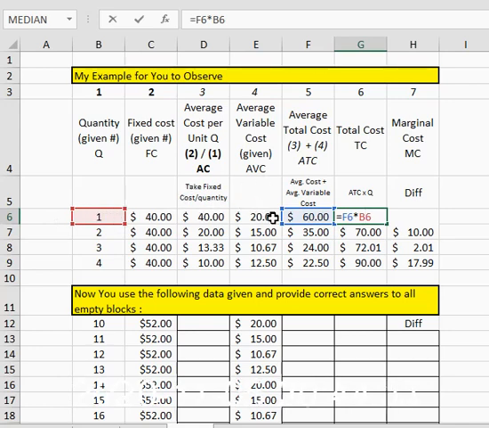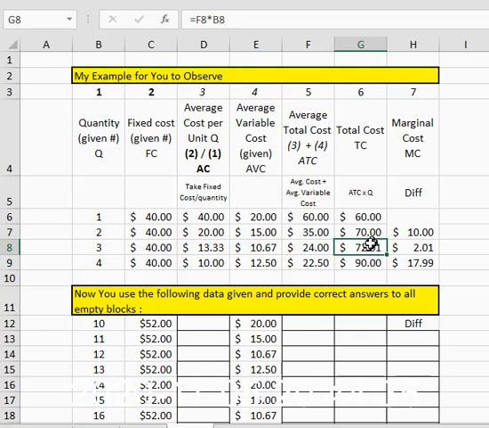So in this case, we're using whatever's in row 6, taking the average total cost and multiplying it times the quantity, which is in our column 1, but Excel's label for it is B6. Okay, so I'm going to double check all of these just to make sure. I'm double clicking. Yep, that's correct. Yep, that's correct. And that's correct. Okay, good. So now we've got our total cost at each of these quantity levels.